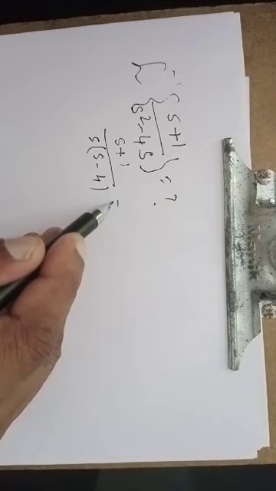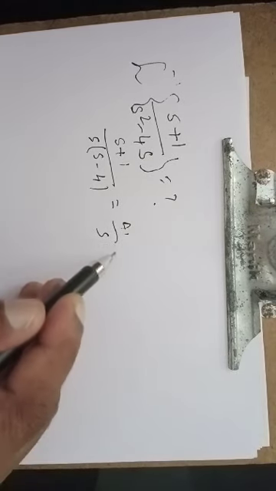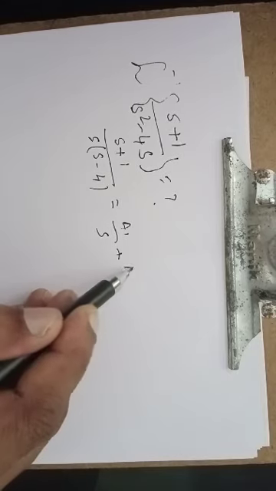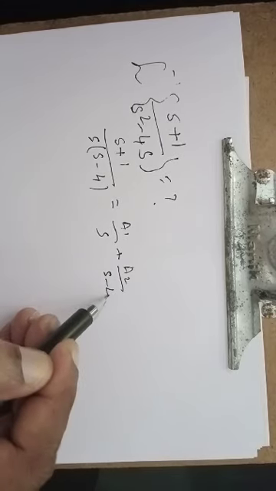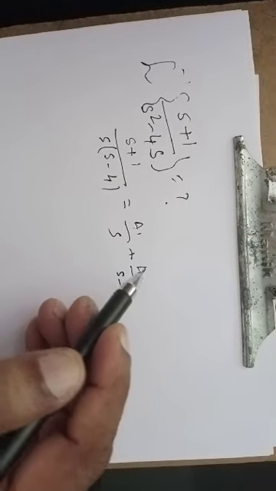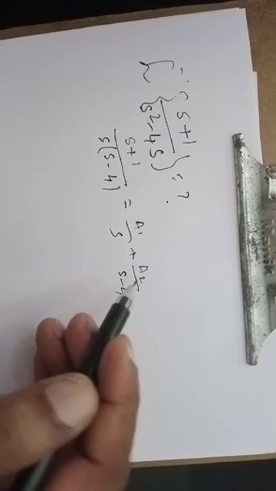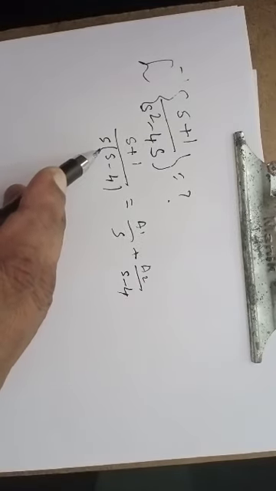Then we take this equal to some a1 by s, corresponding to this numerator a1, plus next, for s minus 4 we take a2 by s minus 4. We have to find this a1 and a2. To find a1 and a2, the method is to multiply by this denominator on both sides.